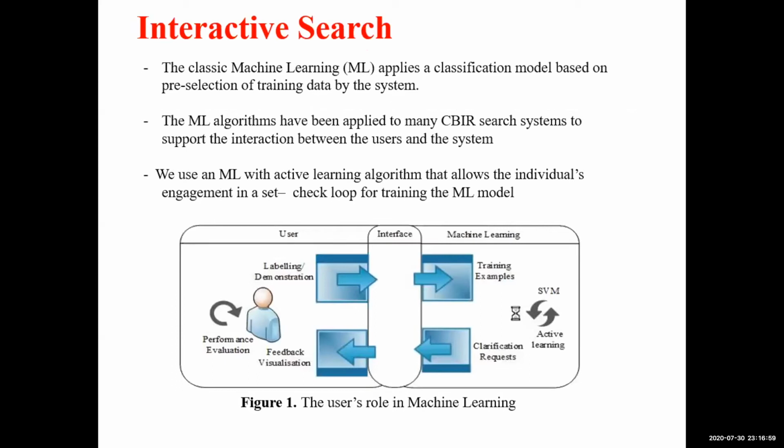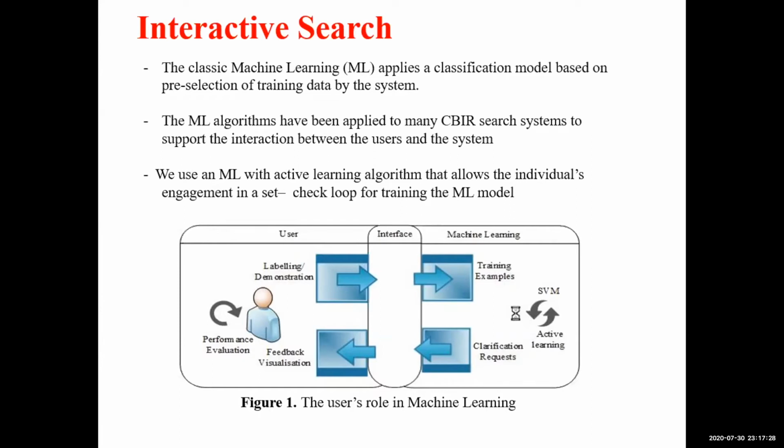Interactive search is already used in many different applications with different algorithms. In this paper, we use machine learning with the active learner algorithm. This enables the user to engage in training sessions, labeling some items that can be used to improve the system accuracy and to deliver the user needs.